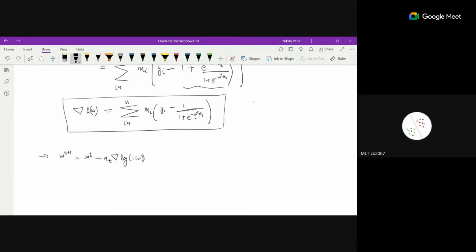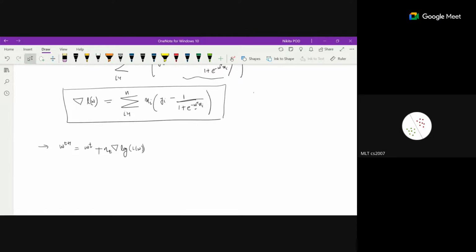So in that case, this is just plus one. What we are going to get is, i varying from 1 to n, Xi, Yi minus 1 divided by 1 plus e to the power minus W transpose Xi.